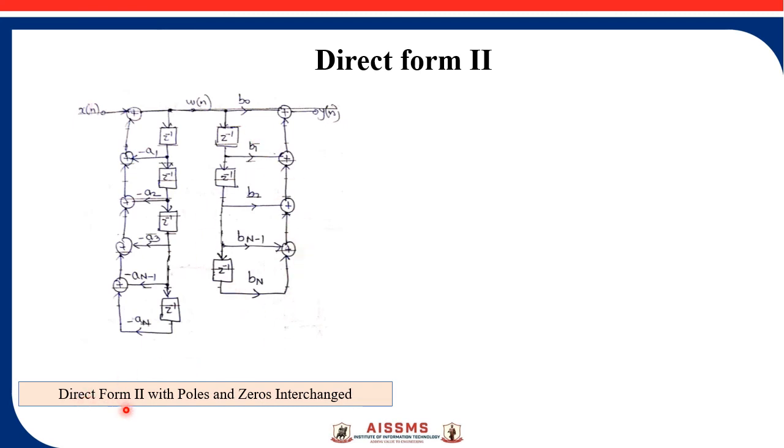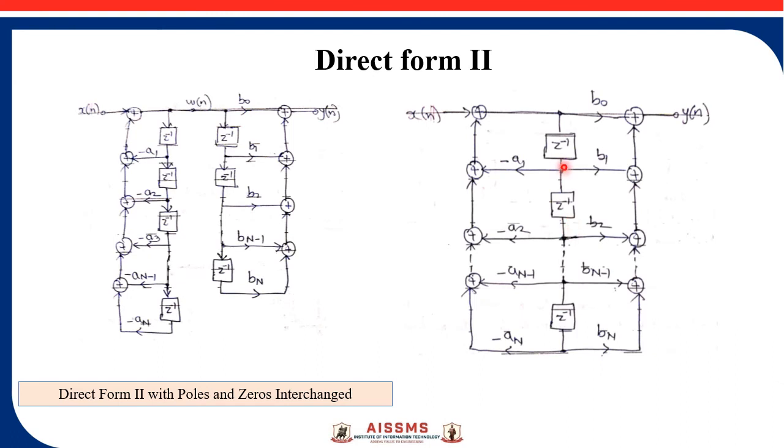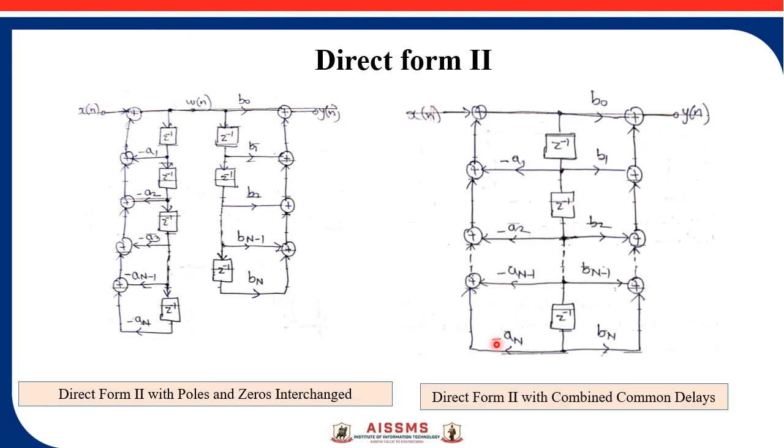The direct form 2 structure with poles and zeros we have just interchanged, and now as you see, this delay block and this delay block are on the same line of connection, so we can combine these two blocks. By combining these two blocks, we have used only a single block of delay elements. So this is the direct form 2 structure with combined common delays, the final realization of the direct form 2 structure.